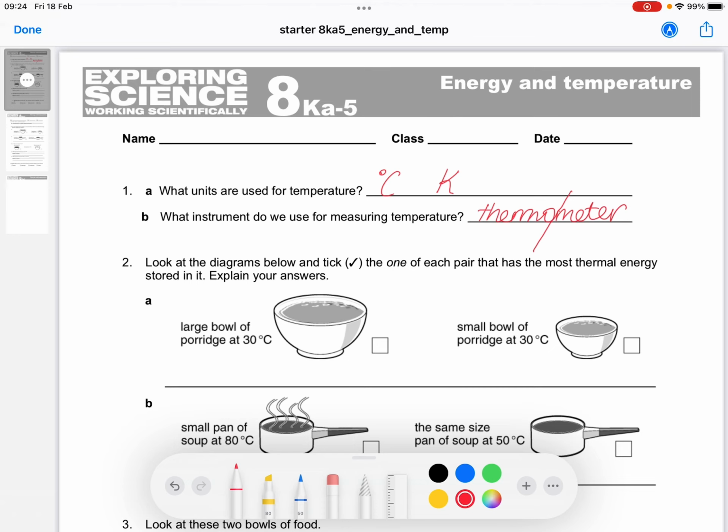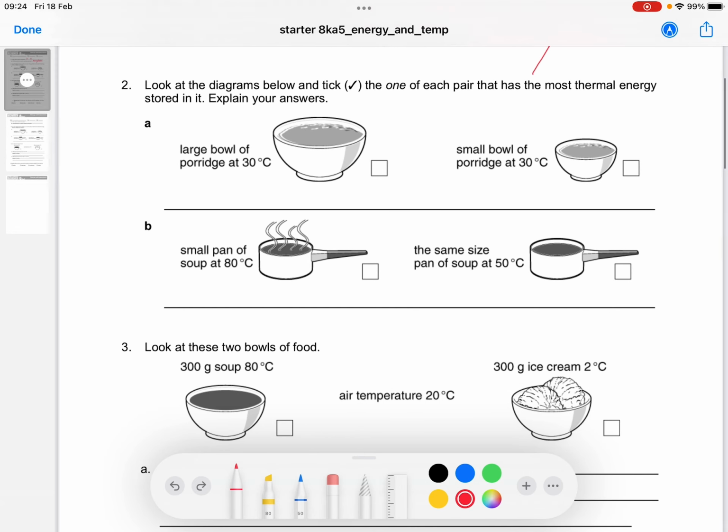Then you had to look at the diagrams and tick one of each pair that has the most thermal energy stored in it and explain your answers. So 2A would be the large bowl of porridge at 30 degrees.